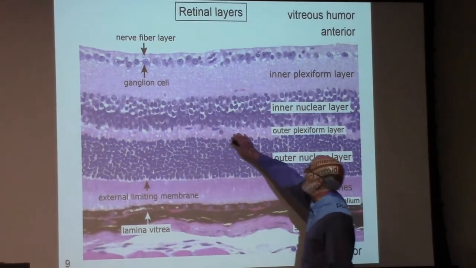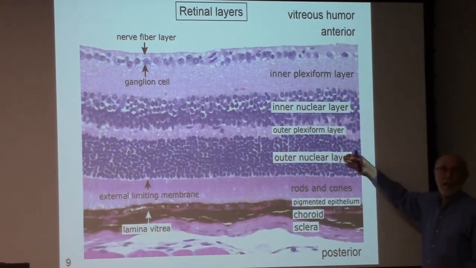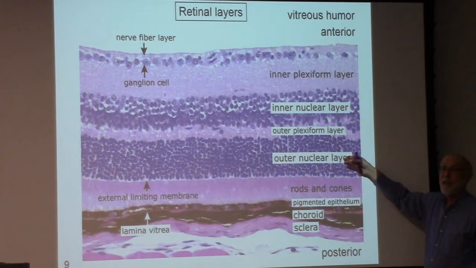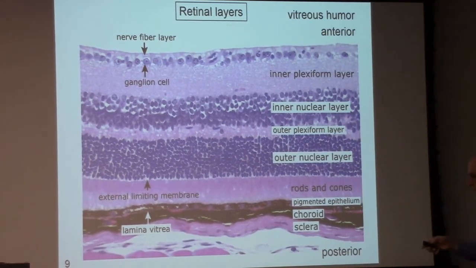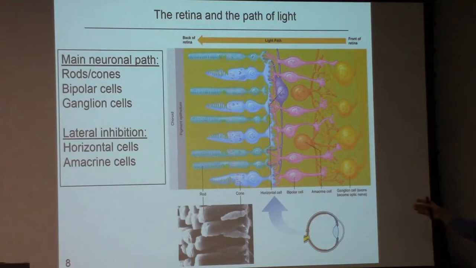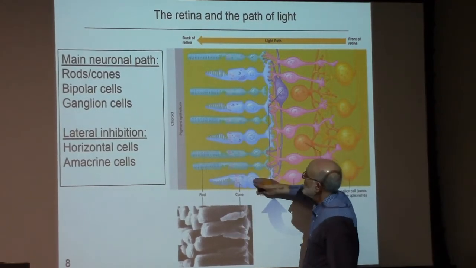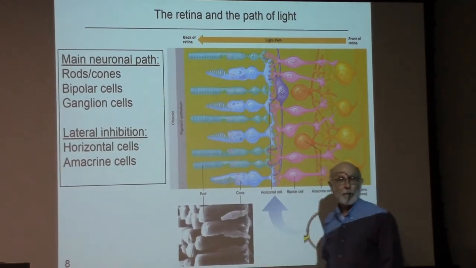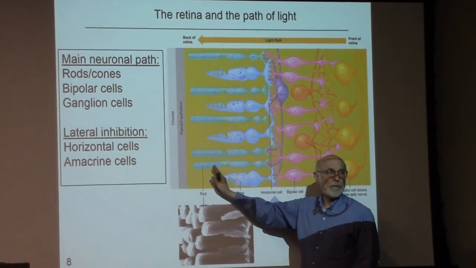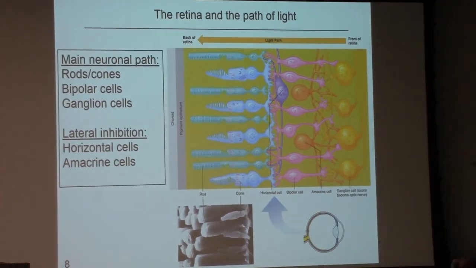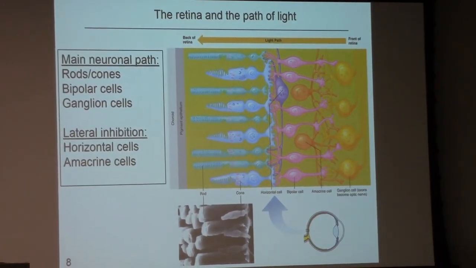Then a layer of synapses. The outer nuclear layer is the cell bodies of the rods and cones. And then we have the outer segments of the rods and cones. It's the outer segments that do the first step of phototransduction. They are what absorb photons and turn it into something electrical.